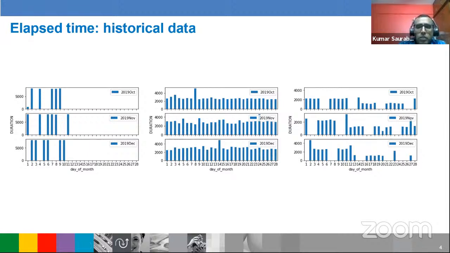So here, if you see my screen, I have plotted data for 3 different jobs. If we start with this leftmost chart, this is for one particular job, and the data has been plotted for 3 months. On the x-axis it's the day of the month, and on the y-axis it's duration, the elapsed time for which the program ran, in seconds.